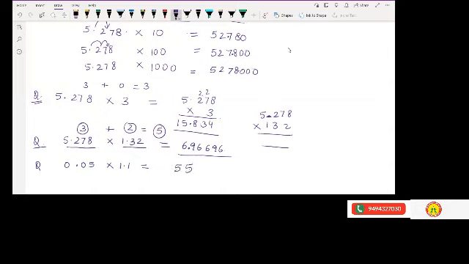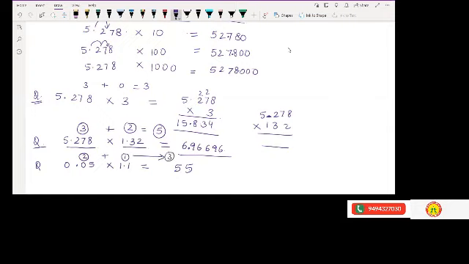Okay. Now, where do I put the decimal? Now, see here, you can see the decimal point is after 2 digits from the right side. Here, the decimal point is after 1 digit from the right side. So, when I take 2 plus 1, that means in my answer, 2 plus 1 is 3.